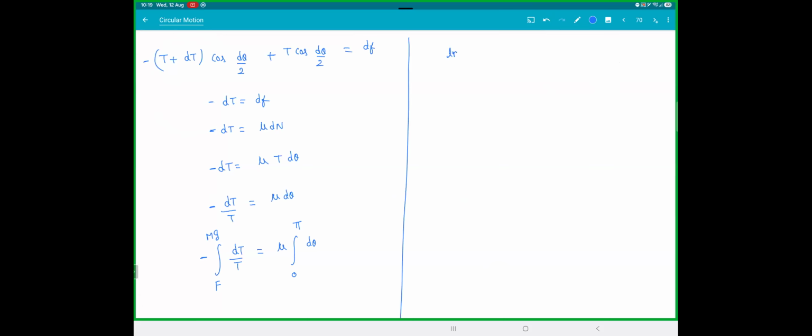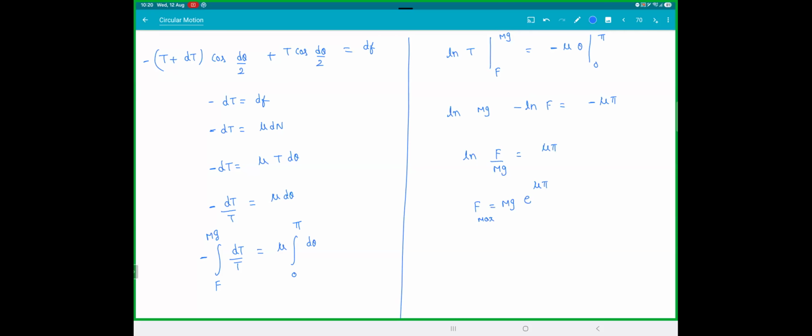This will be ln tension. Limits will go from F to mg. That will be minus mu into theta. Limits will go from 0 to pi. This will be ln mg minus ln F is equal to minus mu pi. This will be ln F by mg is equal to mu into pi. We get F is equal to mg into exponential e power mu pi. This is your maximum force.